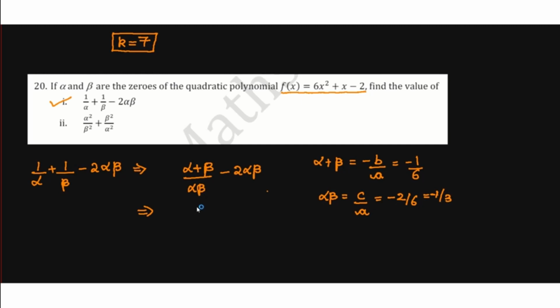So alpha plus beta is minus 1 by 6, alpha beta is minus 1 by 3, minus 2 into minus 1 by 3. So it becomes 1 by 2 when I cancel it, plus 2 by 3, which gives me 7 by 6 on taking the LCM.